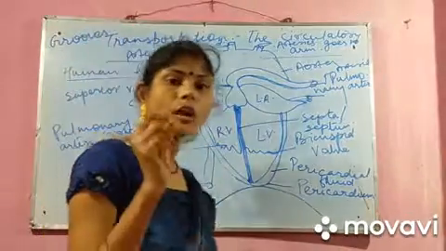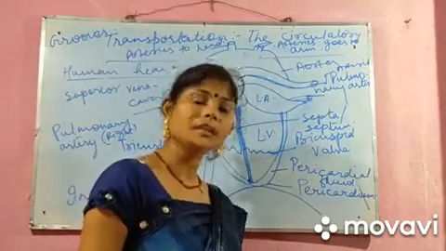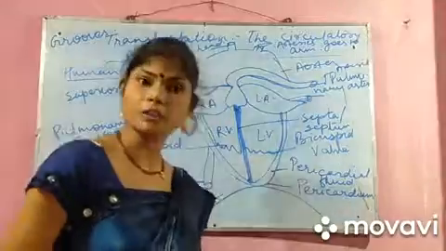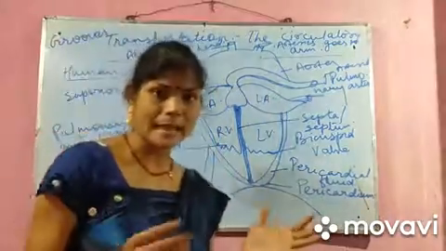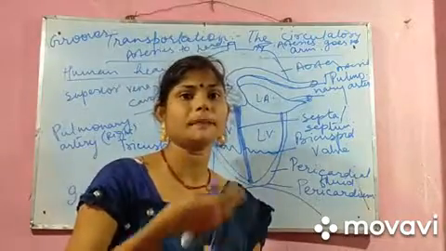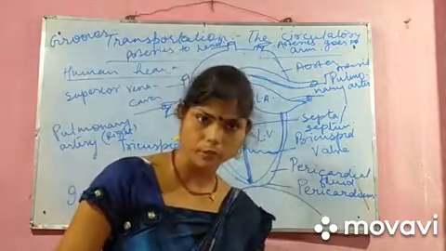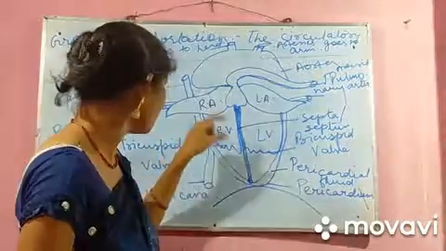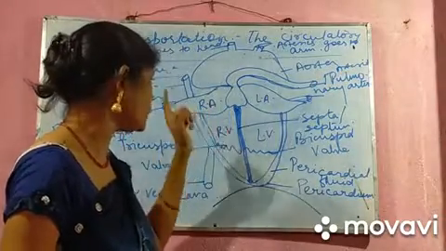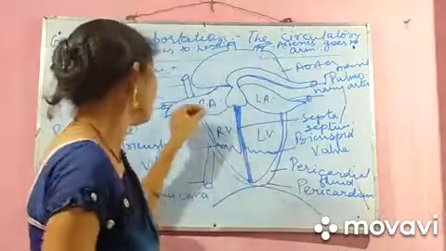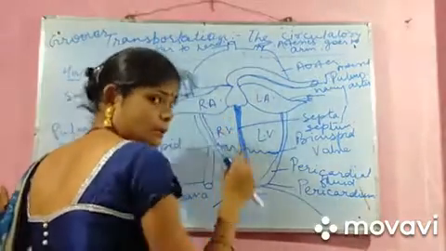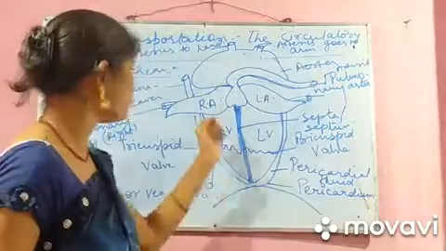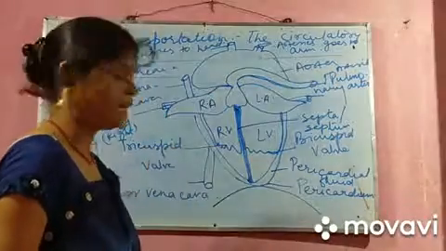The wall of the ventricles is much thicker than the walls of the atria. Everywhere there is a valve which opens, and the flow of blood takes place from one part of the heart to another part of the heart. Suppose the blood has to go from the right auricle to the right ventricle. Then the tricuspid valve will open, and the blood will go into the right ventricle.